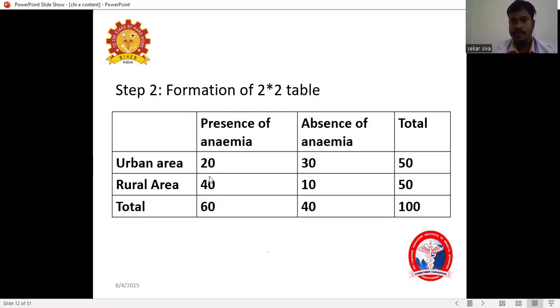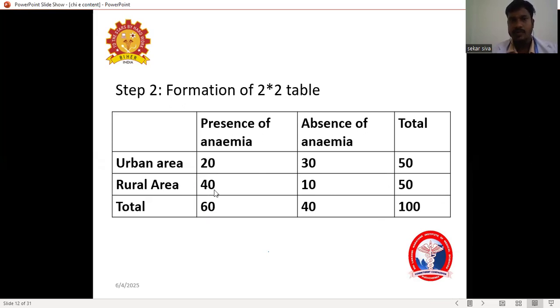In a scenario, they will not give the whole data. We have to make it into a table. If it is 4 cells, they will give only 2 or 3 data points, and we have to subtract from that data. Overall 100, 50 from urban, 50 from rural. In that 100, 60 anemic patients, and of that 60, 20 were urban area residents.